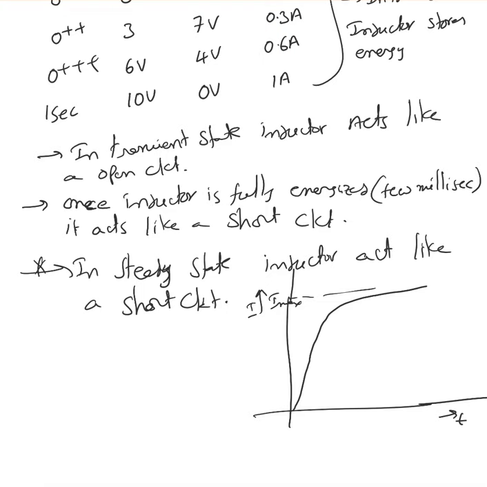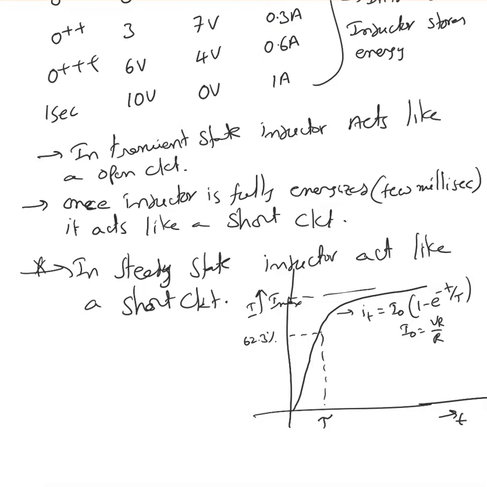Similar to that, I of t equals I naught, which is the final value, times 1 minus e to the power of minus t over tau. Tau is similar to the previous case, the RC circuit, where tau is when it reaches 62.3% of the final value. And I naught equals V_R over R in this case.